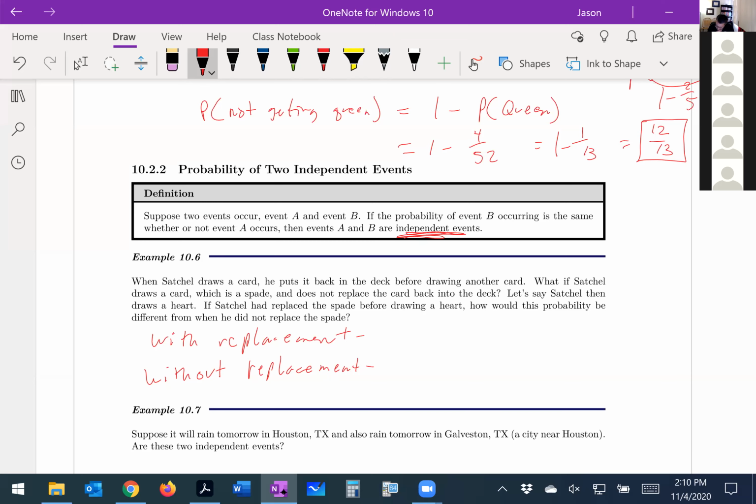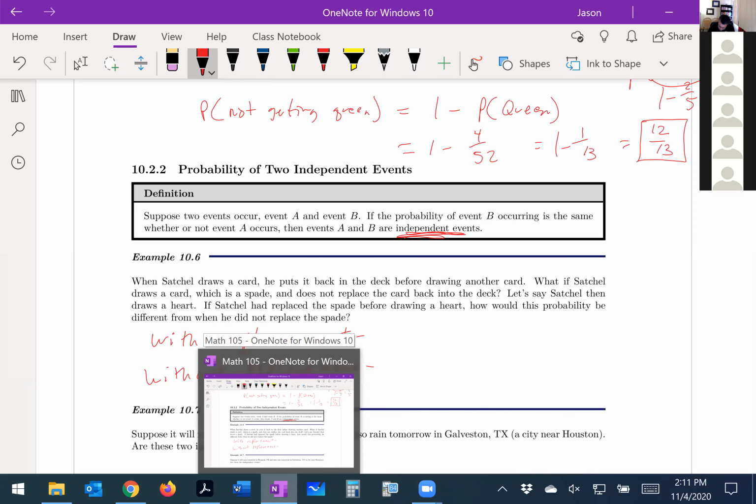So with replacement, meaning that I put the card back, what's the probability of drawing a spade and then a heart with replacement? If I replace the card, then it just goes back to the same sample space. What's the probability of getting a spade? Let's look at our sample space.